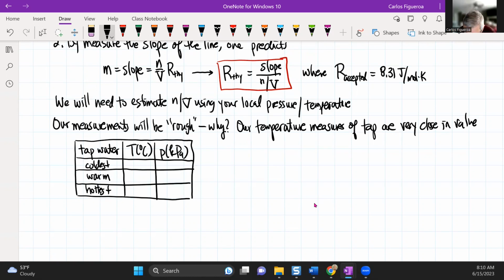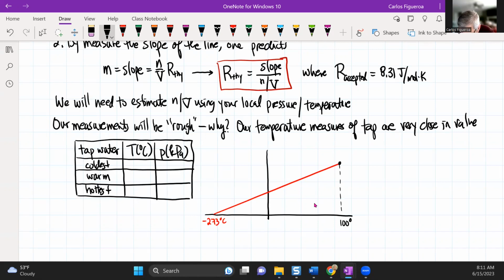So now if you go and you look at the curve that we're talking about, so if I plot this thing, what am I actually seeing here? Well, the range of temperature values are quite big, right? This guy is minus 273 degrees Celsius. And right here, because we're talking about water, that value has to be 100 degrees C. What we're going to do here is that we're going to pick three values that are relatively close together.